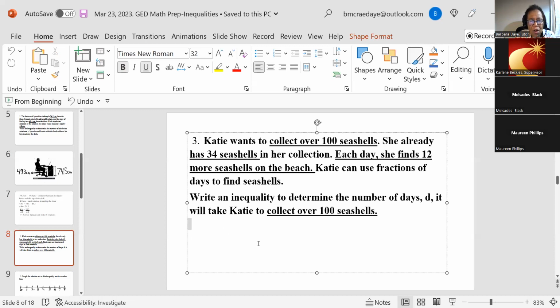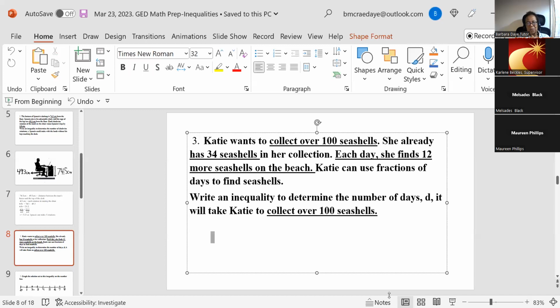At 12 more per day, and days is D. So tell me what to write. Okay, it's 66, right? It's more than, right? No, I want the variable on the left.